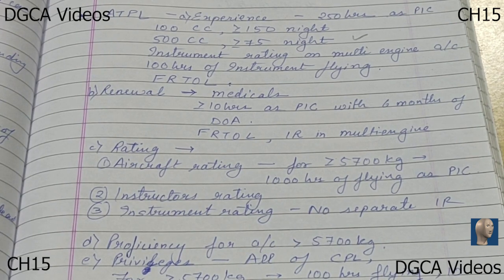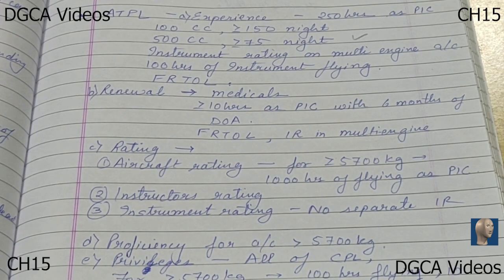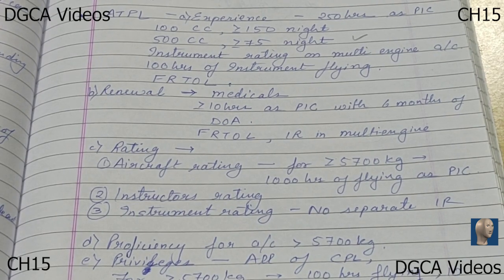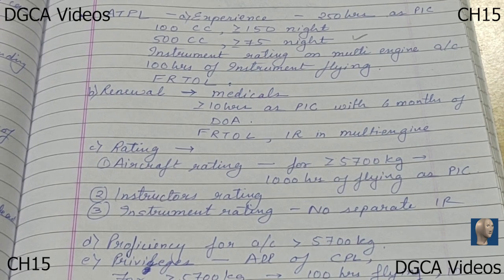Then instructor's rating is the same, and no separate instrument rating is required here. Fine, moving on to the proficiency, again for the aircraft whose weight is greater than 5,700 kg, they will be requiring a proficiency check.